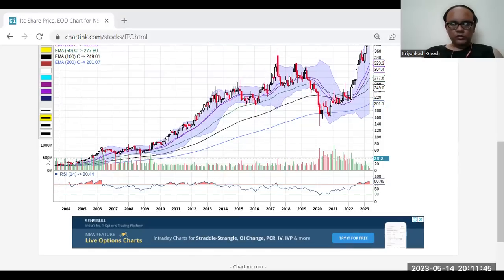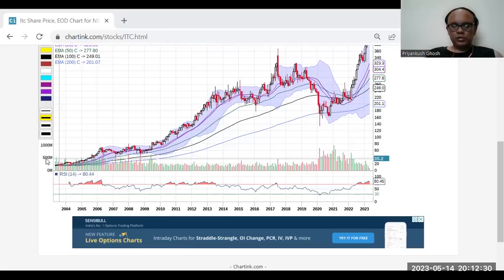Yeah, so what I'm trying to say is here. See, this is a blue zone. Again, this is a blue zone, right? And in between, we have this rectangle.